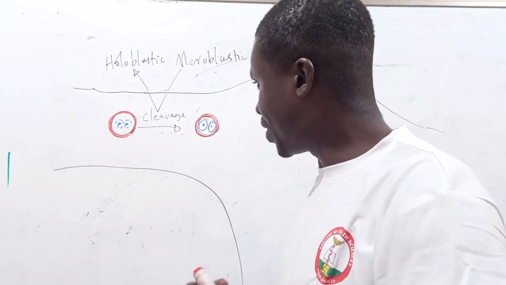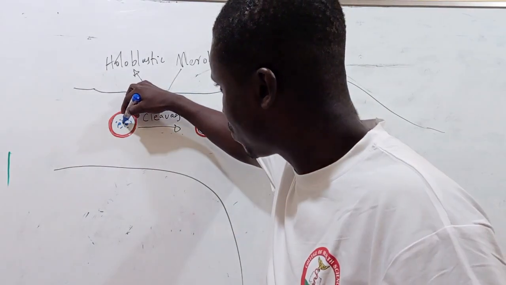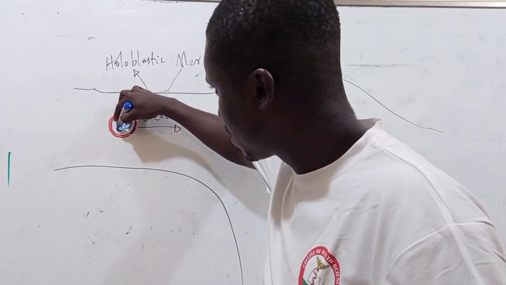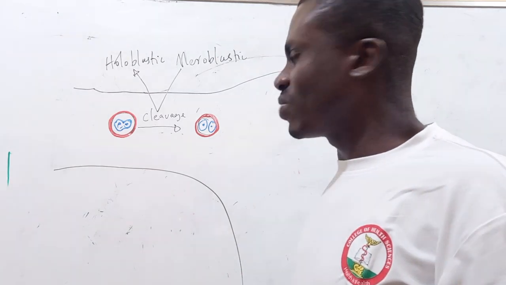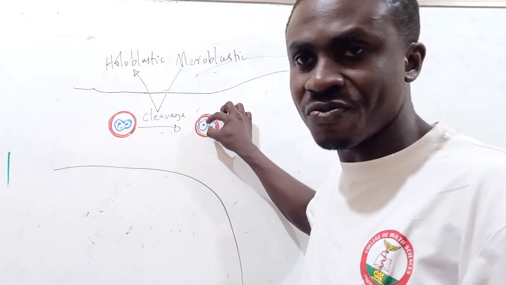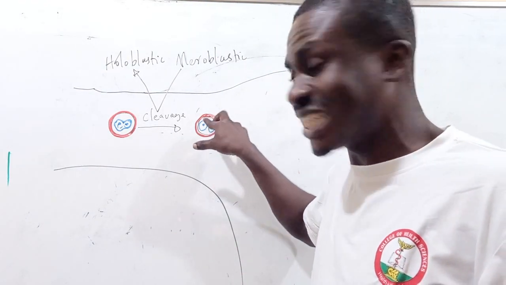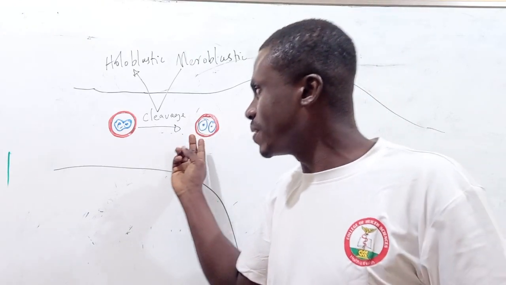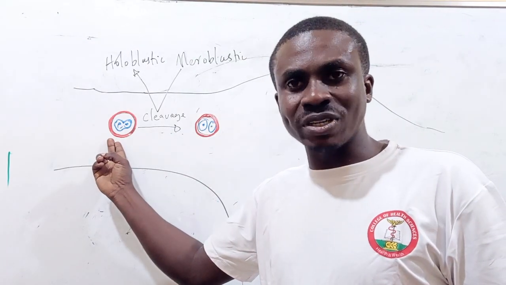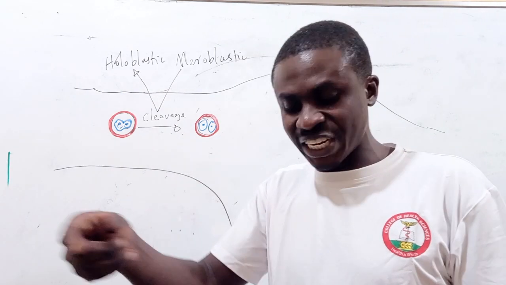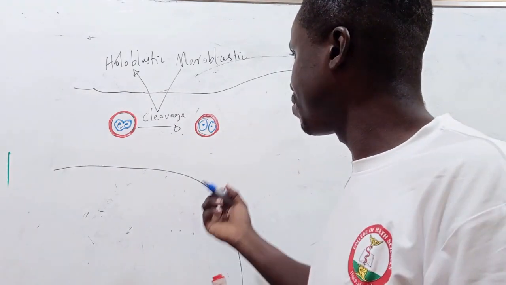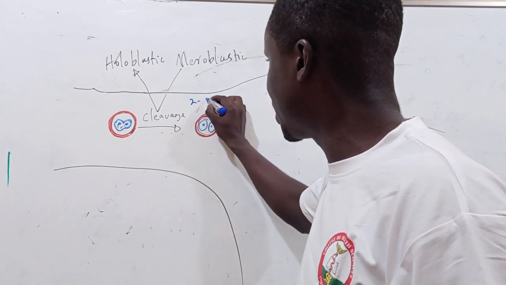Let me just make this one undifferentiated. Now this time around it has fully divided, so we can see them as 2 cells in here. So this zygote over here, this time around I'm going to have what we call the 2 cell stage. So the nomenclature is 2 cell stage.